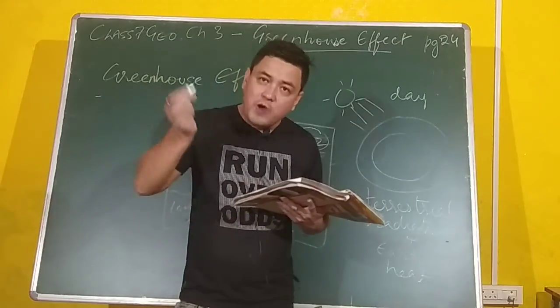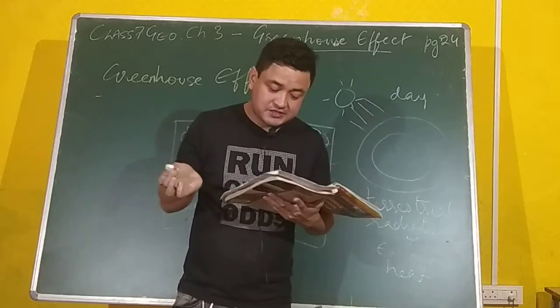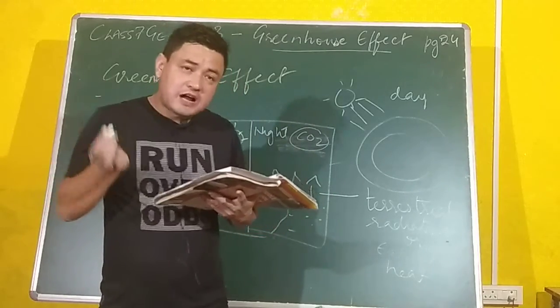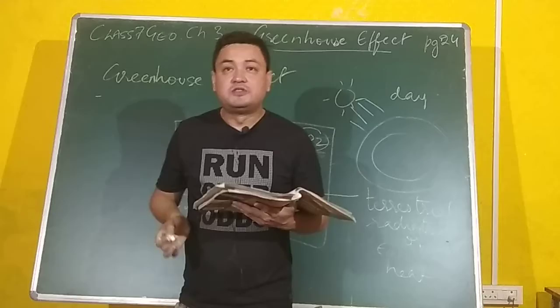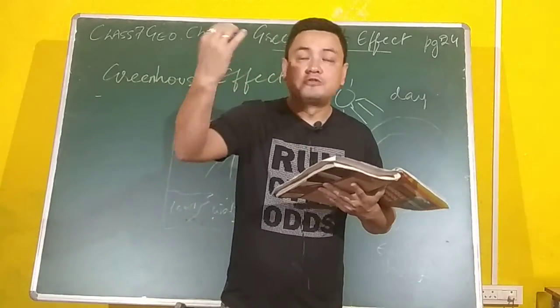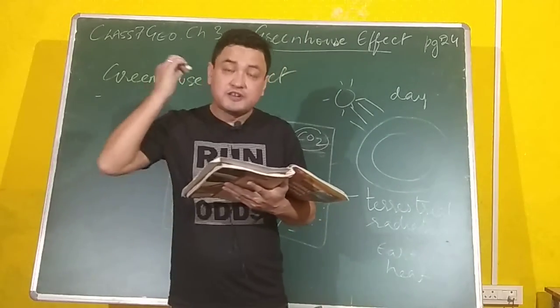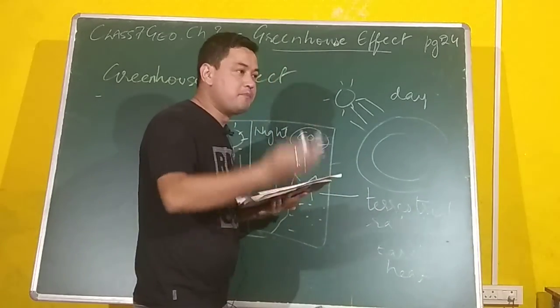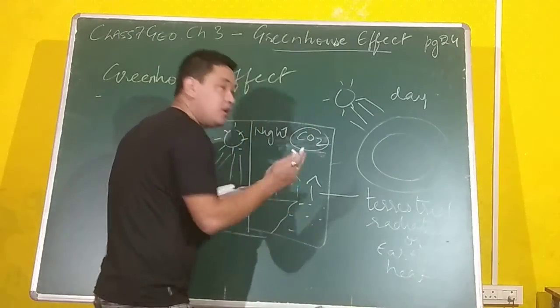When this carbon dioxide absorbs heat, the heat does not escape into outer space. As a result, the heat remains in the Earth, which makes the temperature of the Earth hot.